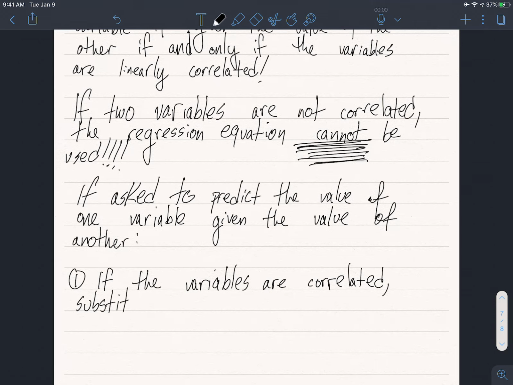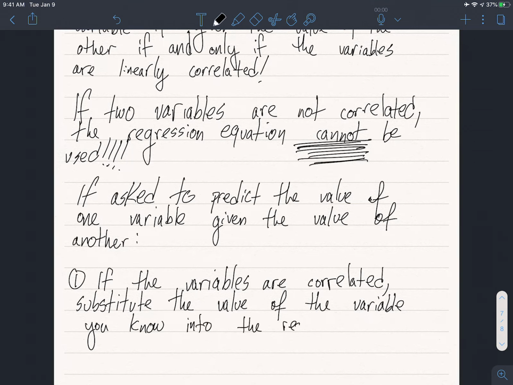Substitute the value of the variable you know into the regression equation and solve for the other.